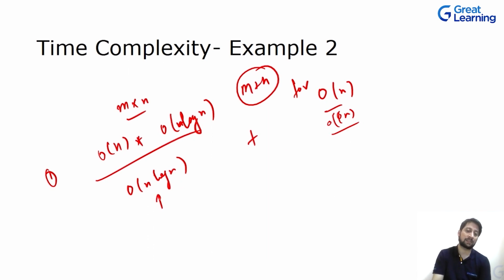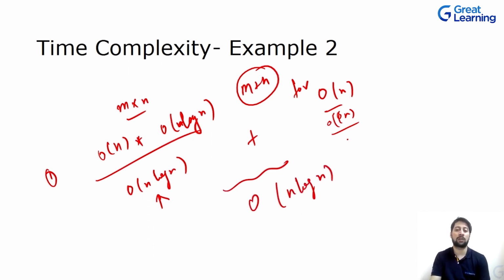So obviously this is greater, right? So you say that the time complexity of that particular problem will be n log n, because you're neglecting these smaller terms. As soon as our input is increased, these terms will not be that significant while you're allocating resources.